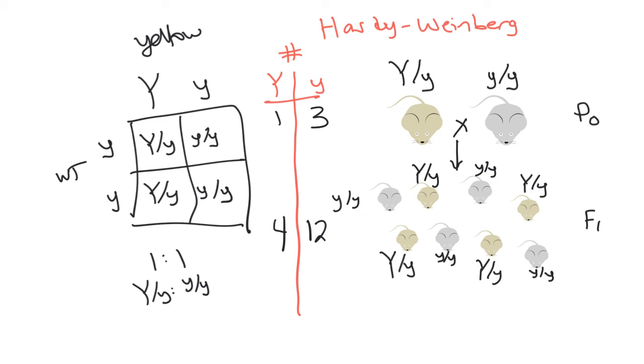The ratio, the frequency of capital Y's to lowercase y's doesn't change in a population from generation to generation if neither allele is better or worse than the other one. That is called Hardy-Weinberg equilibrium. The equilibrium indicating that there's no change expected to occur.